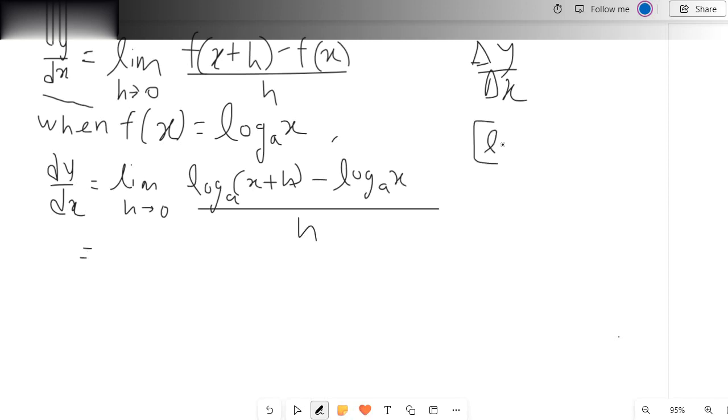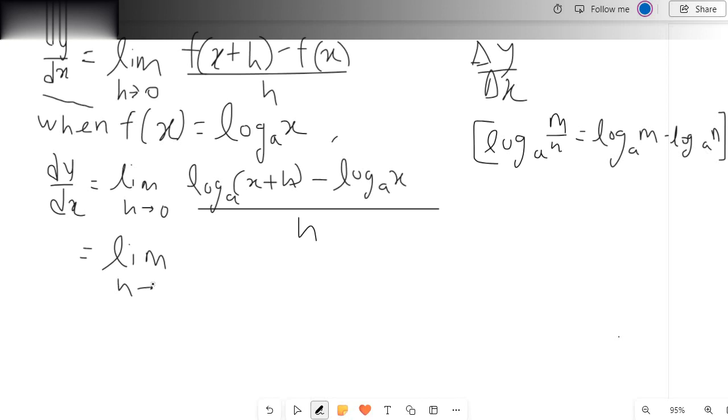And using the logarithm rule, log base a of m minus log base a of n equals log base a of m/n, we can combine this expression to form the limit as h tends to 0 of 1/h times log base a of (x + h)/x.